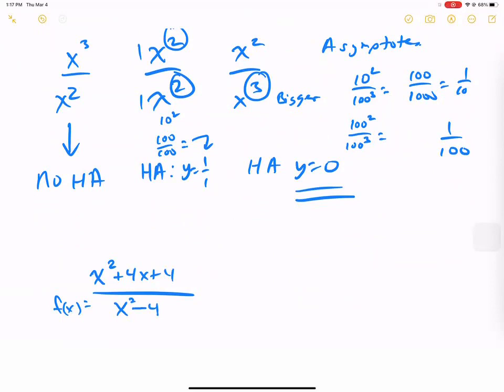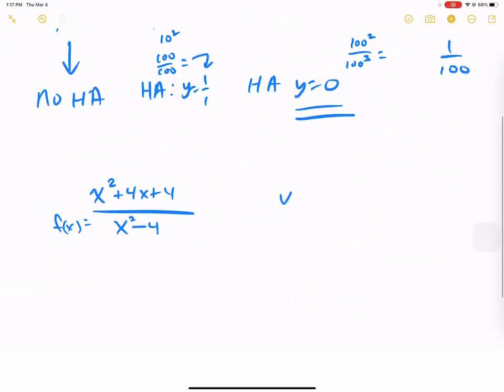If we look for vertical asymptotes first, we normally do that by factoring the bottom. So this would be x squared plus 4x plus 4 divided by x plus 2 and x minus 2.